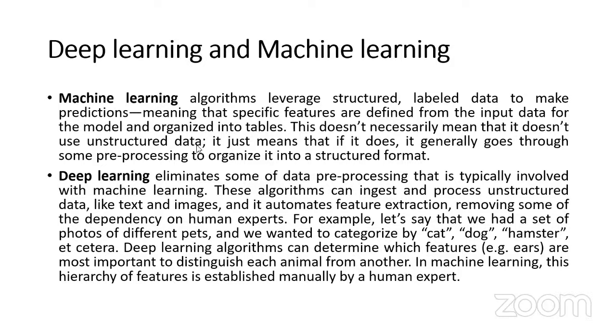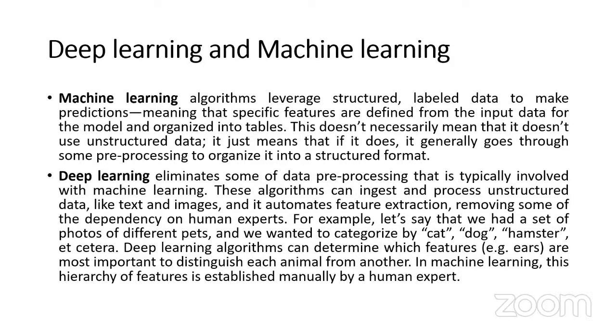There are different ways we can use structured or unstructured, supervised or unsupervised learning techniques. It just means that if it does, it generally goes through some pre-processing to organize it into a structured format.